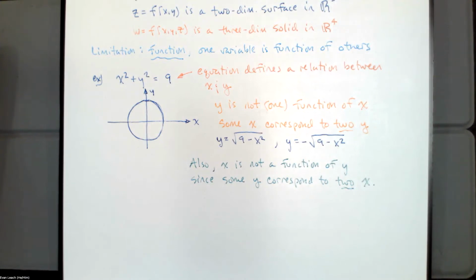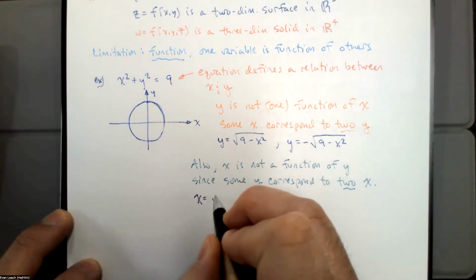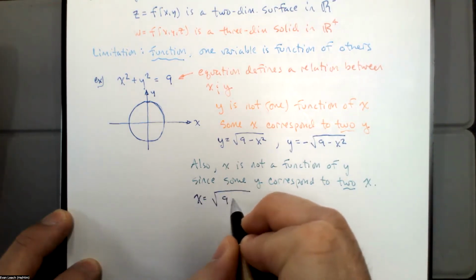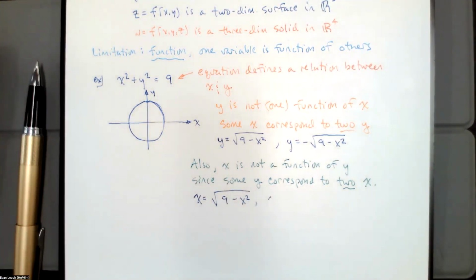We can write x as two functions of y in the same way we did for y. So we can say that x is the positive square root of 9 minus y squared, and I said x.